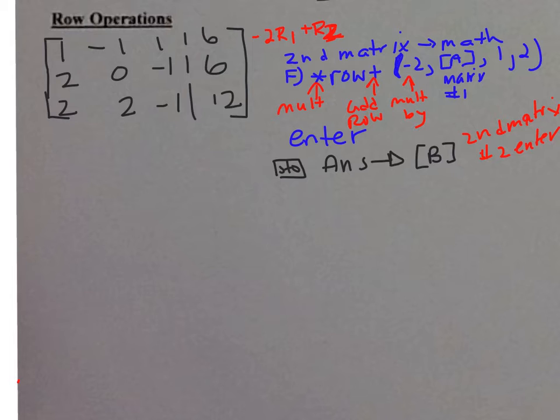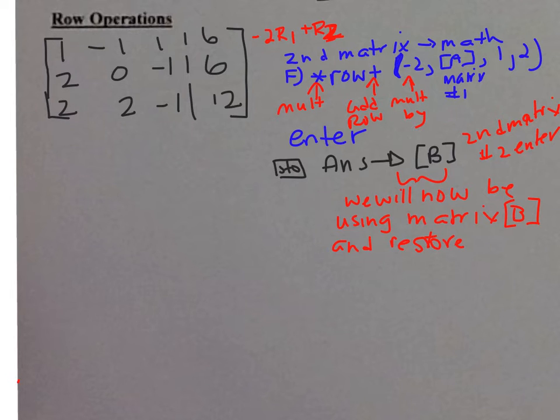And now what we're going to do is we are always now going to be using, so write this down, we will now be using matrix B, and restoring, or actually overriding, matrix B. Okay, so we're always going to be using matrix B now that I have that stored in there.